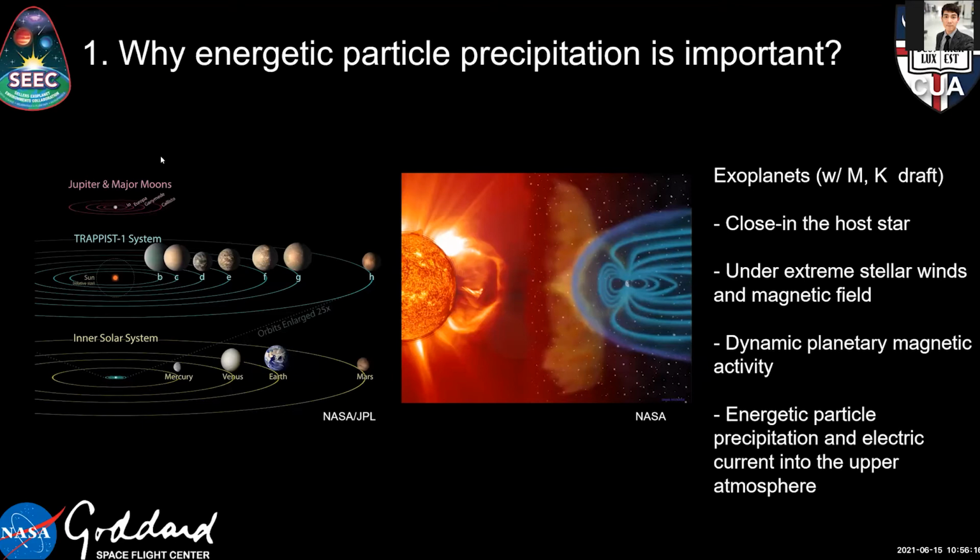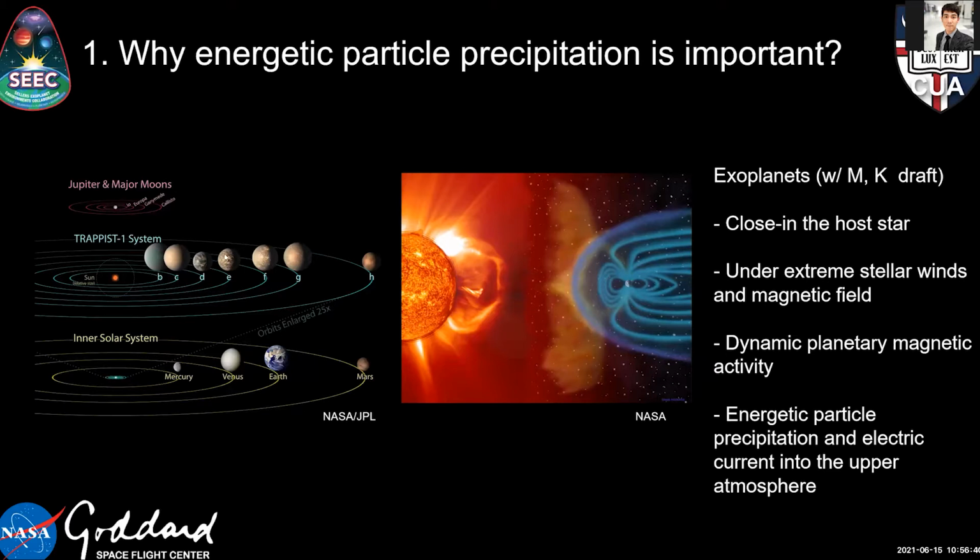So why is energetic particle precipitation so important in the upper atmospheres of exoplanets, especially around M or K dwarfs in stellar systems? They are usually very close to their host stars. For example, TRAPPIST-1b's orbit is so small and so close to the host star compared to the solar system.